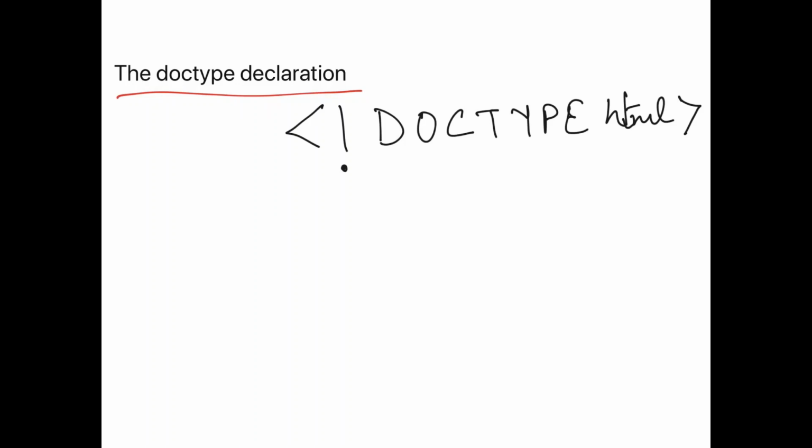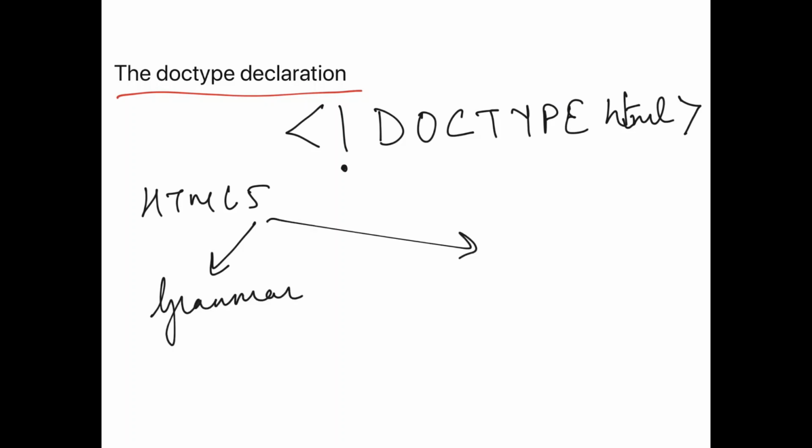See, HTML5 has a grammar and a vocabulary. There are two things, right? Like every language has a grammar and a vocabulary, same way HTML5 also has that. So, this is your grammar and this is your vocabulary, right?